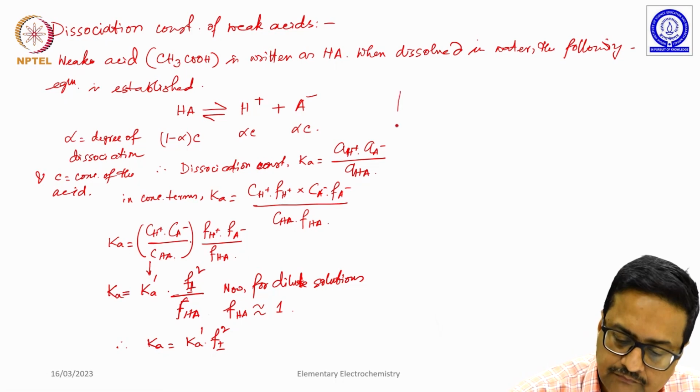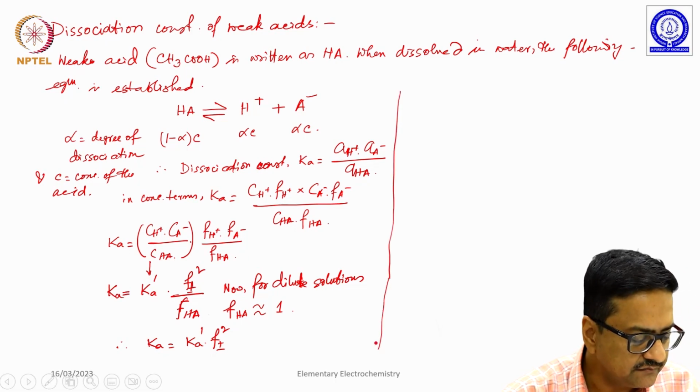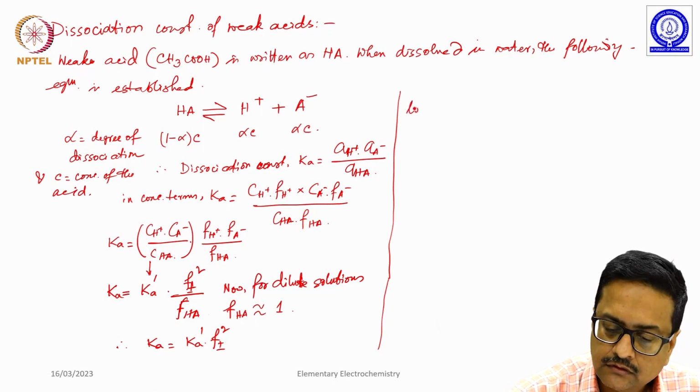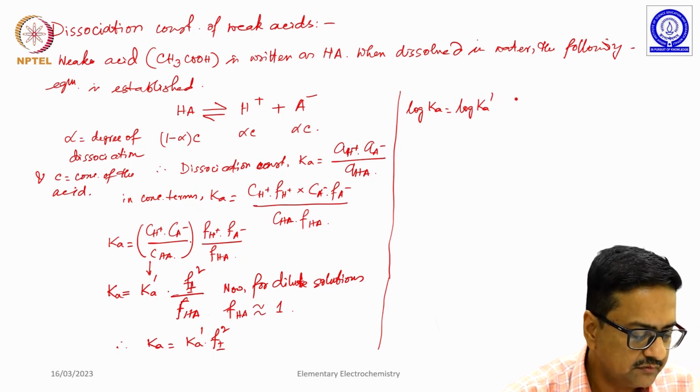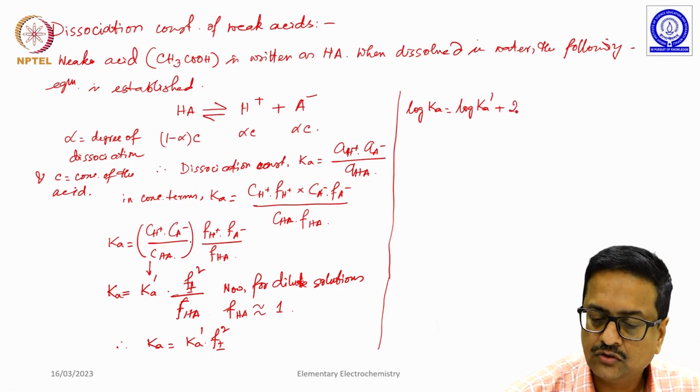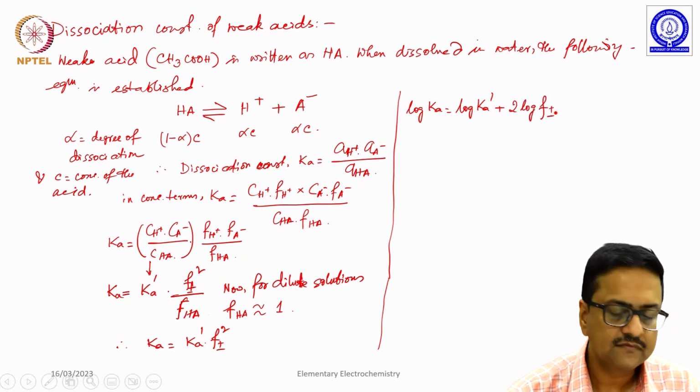So now taking log on both sides, log Ka equal to log Ka prime plus 2 log F plus minus.